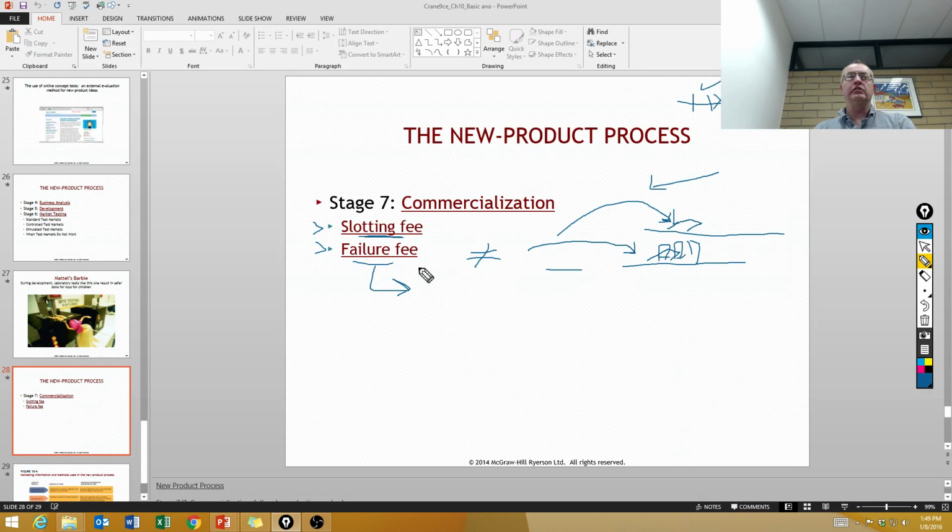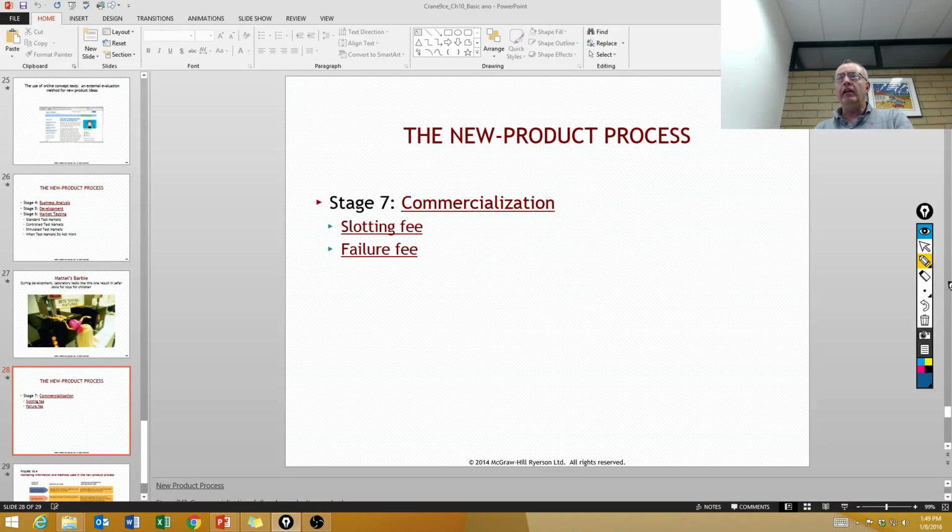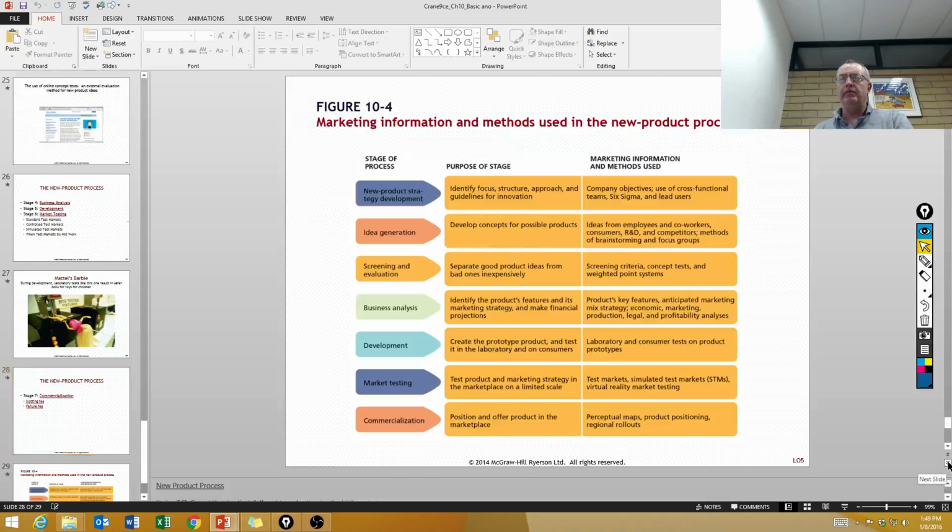But if the product is a flop, then the retailer doesn't want to be the party bearing the loss. They can sometimes charge these failure fees to manufacturers.